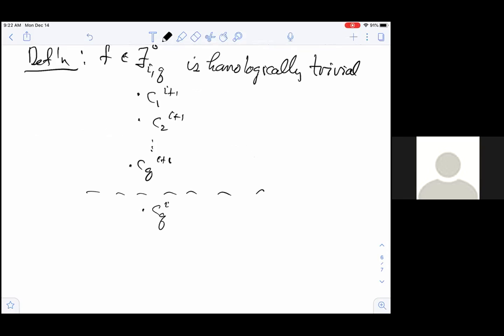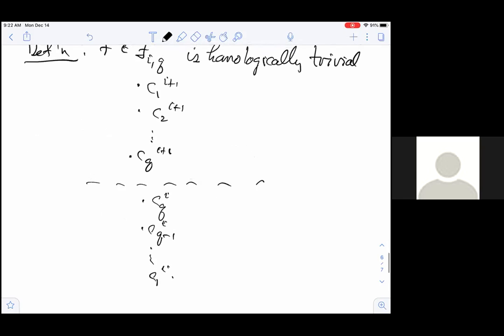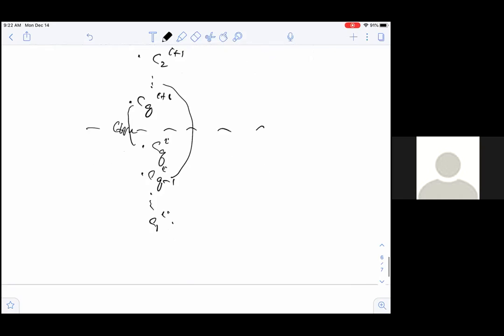Call this CQ I, CQ minus 1 I, on down to C1 I. So anytime you have an excellent Morse function in this space, the critical points will look like that. Homologically trivial says that in order you can cancel this pair, and then once you've done that, you can cancel the next pair, and so on, all the way up the ladder.